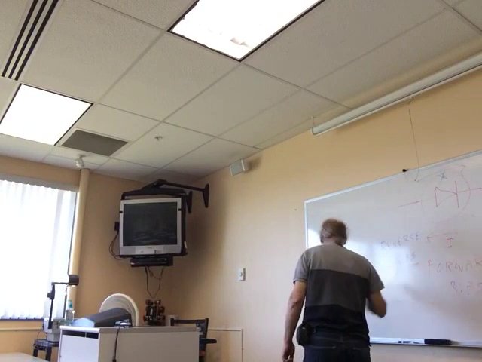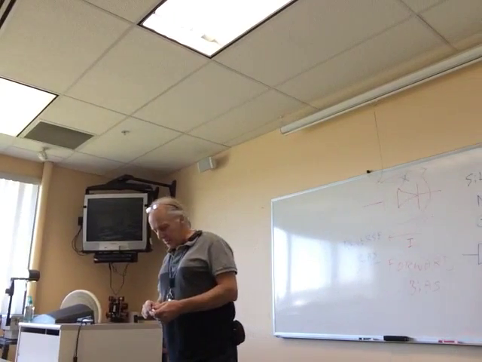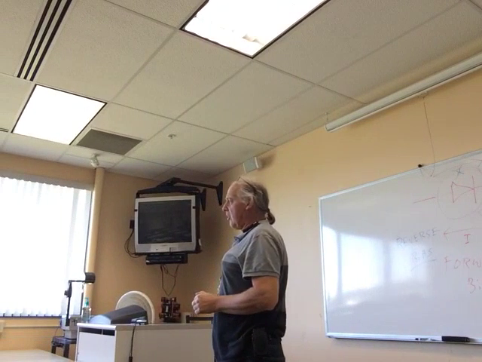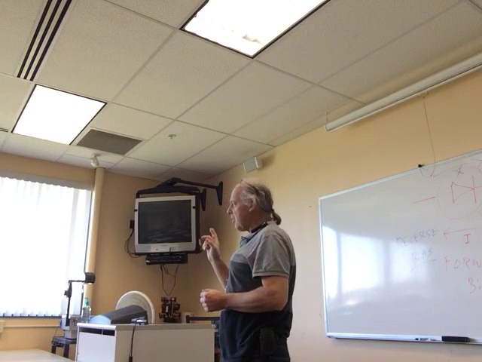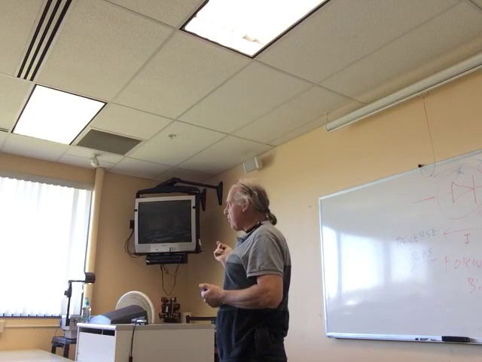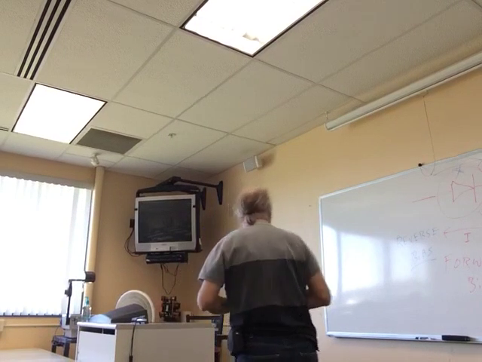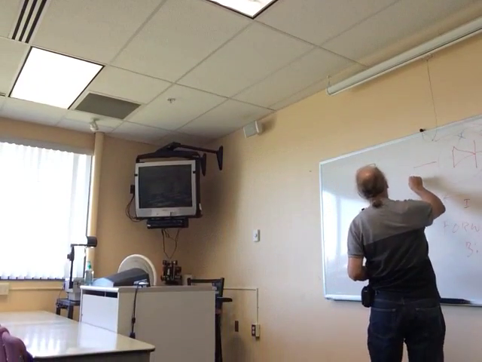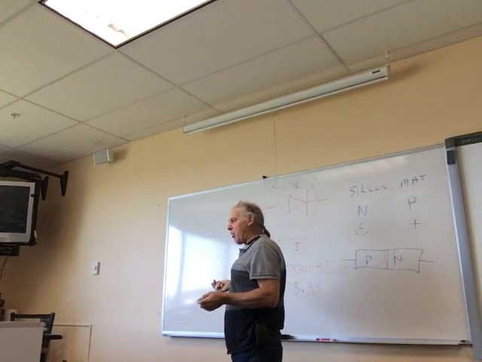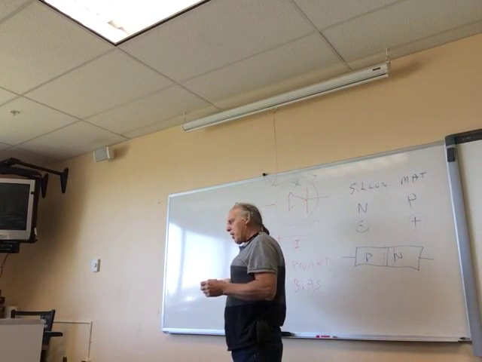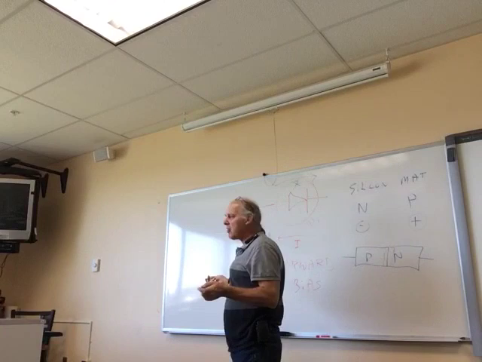Now, if I push it hard enough, it'll actually destroy the diode. So there's two things that destroy a diode. Too much current and reverse bias. So let's say my diode is a 1 amp diode. Notice I don't really care so much about the voltage. I might say it's 12 volt.